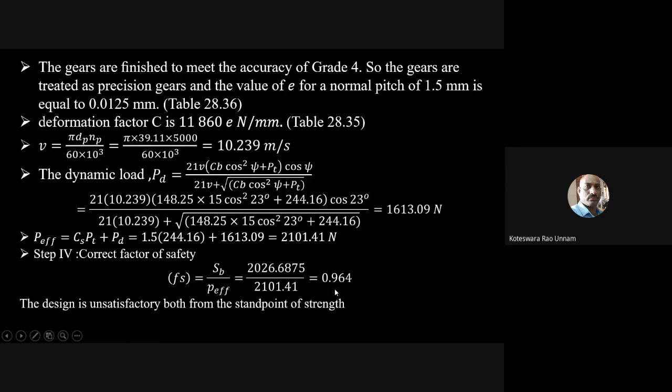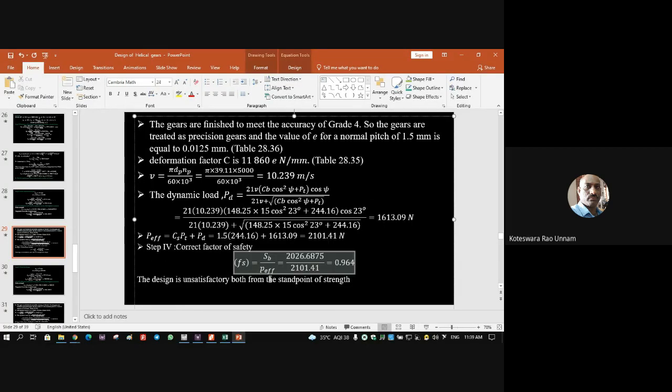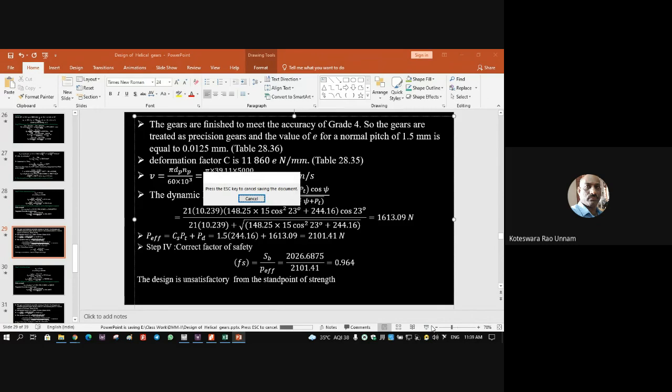Then if you want, you can add the statement that the design is not satisfactory from the standpoint of strength. If you take beam strength as the criterion, from the beam strength point of view, it is unsatisfactory because your factor of safety is less than 1.